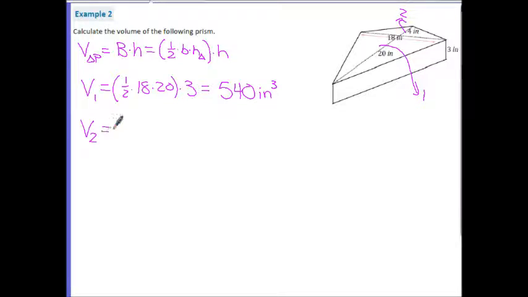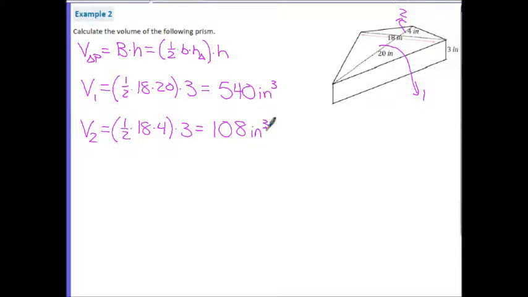Volume of the second triangle, again, is 1/2 times the base, which is still 18 for this triangle, but the height is only going to be 4. So 18 times 4, and the height of my prism is still going to be 3. When I multiply those, I get 108 cubic inches.